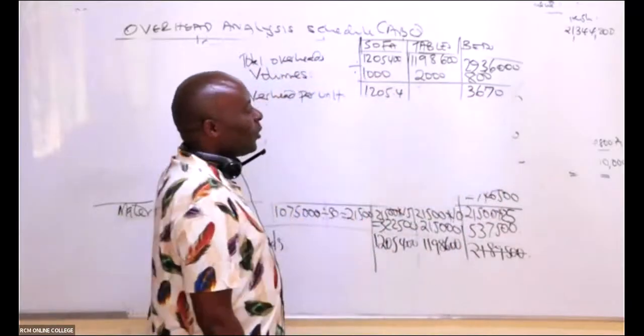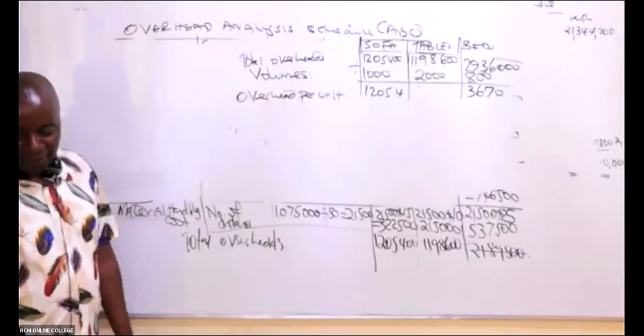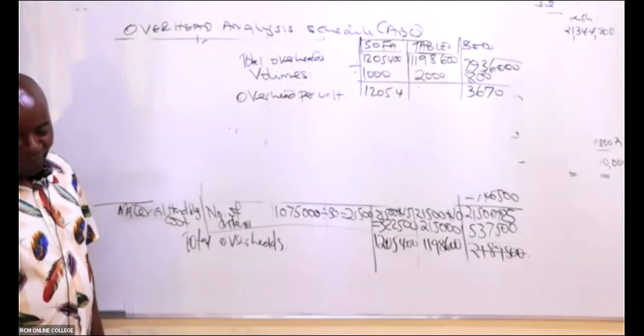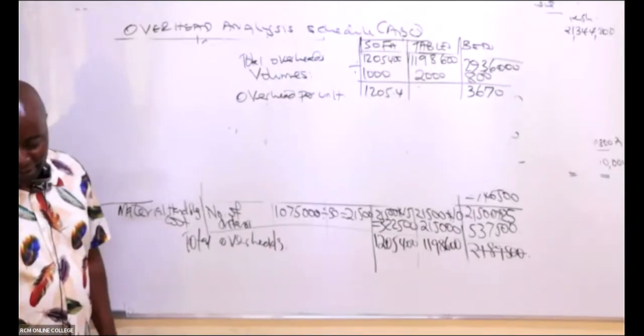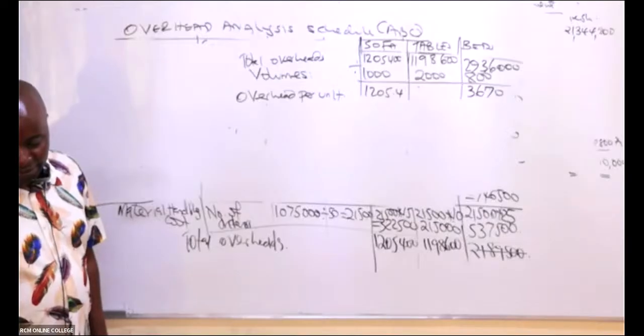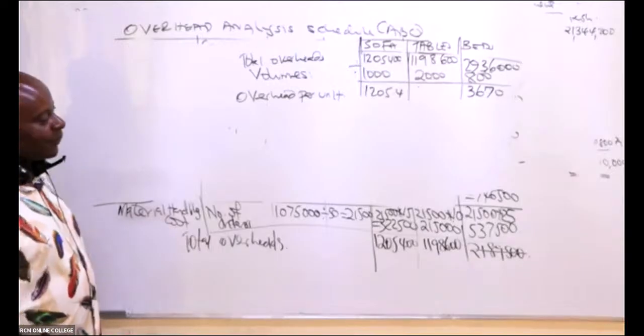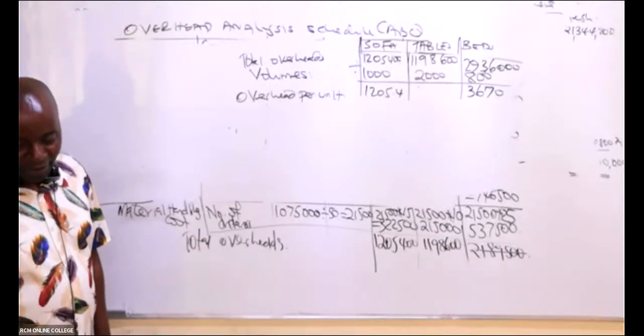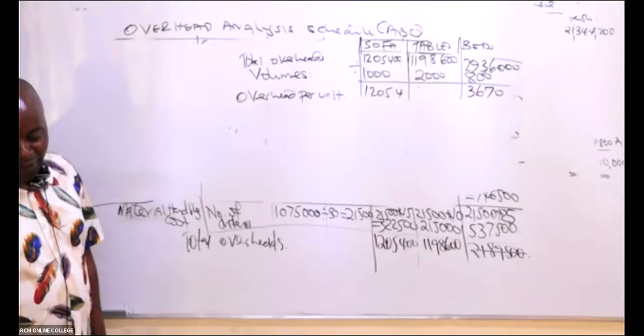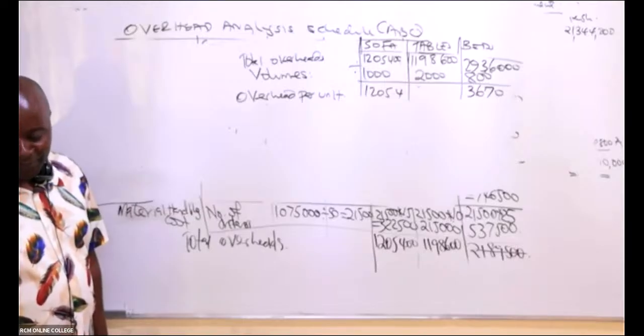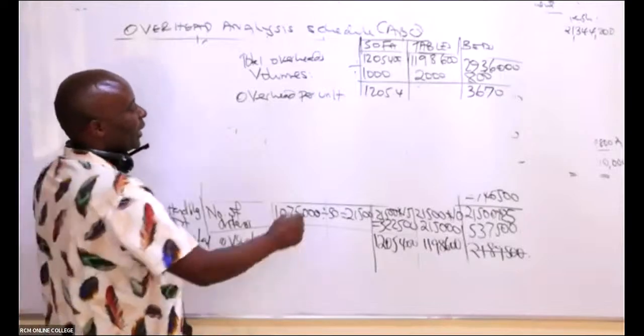How about the tables? 29,000, 36,000. Yeah. So tables. Why online students, I can't hear you at all. 599 point.